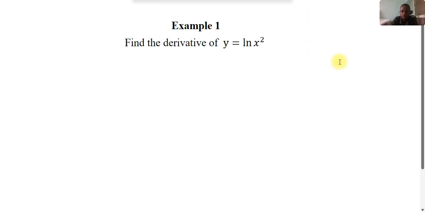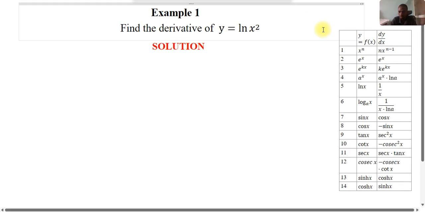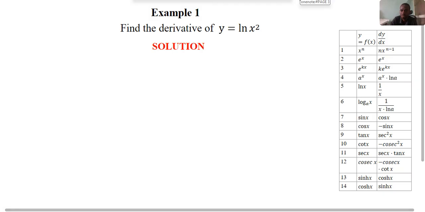The first example, as we treated the other time, says we find the derivative of y equals ln x squared, and we're going to make use of this table that we have here, the standard derivative for the function of x.